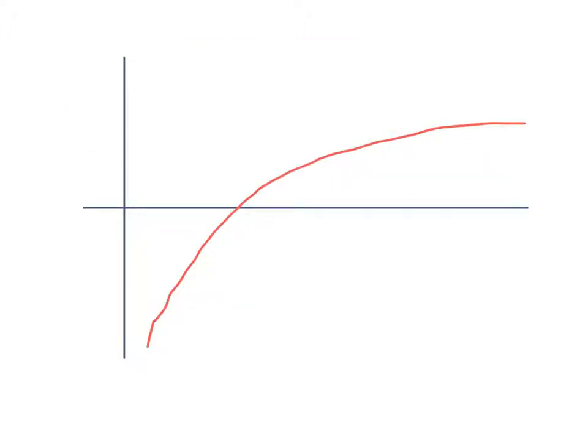Here's a rough sketch of a logarithmic graph, natural log of x versus x. I know from math class that this spot right here, where the value of the function equals 0, is when we take the natural log of 1.